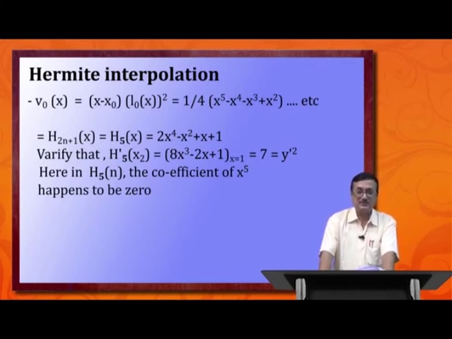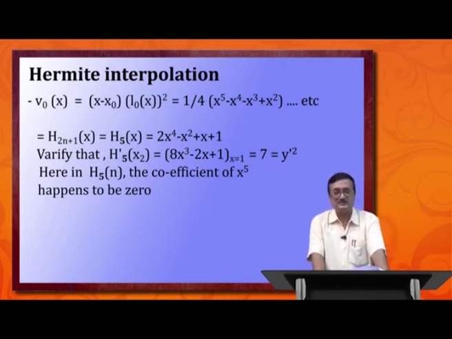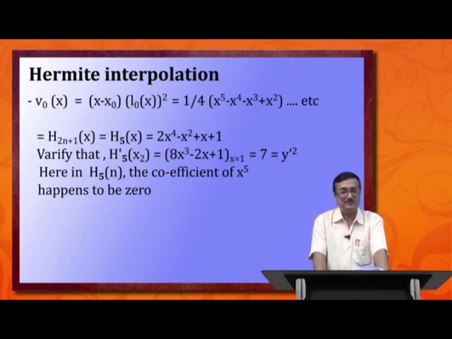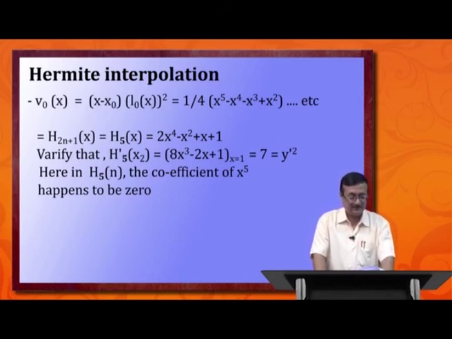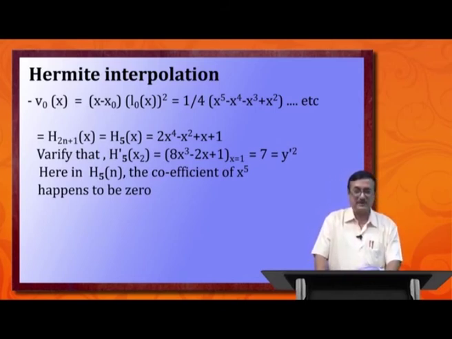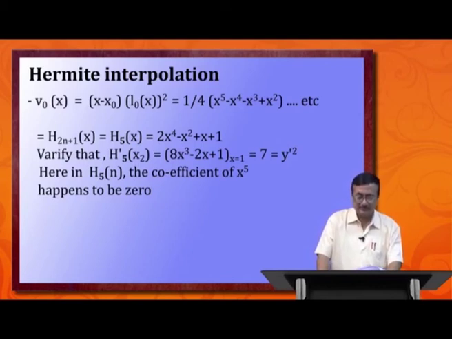The coefficient of x^5 just cancels out, but in some other cases we will get h5(x) as a polynomial of degree 5 also. In this case, accidentally, the coefficient of x^5 has cancelled out. We may verify that h5'(x2) gives the value 7, which coincides with the value of y2'.